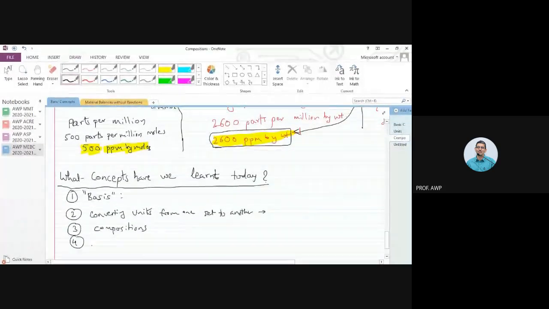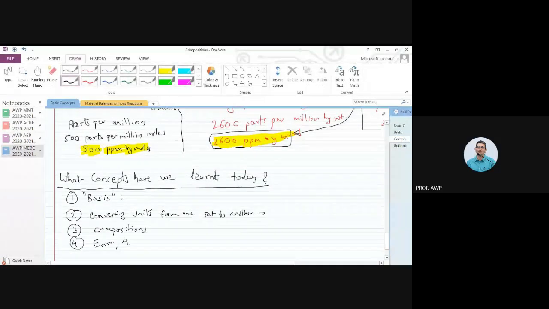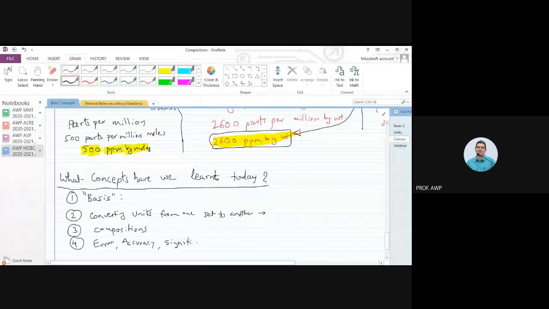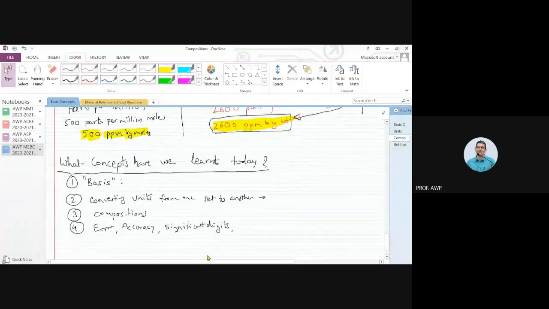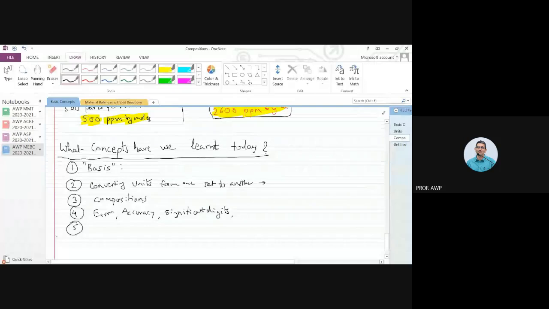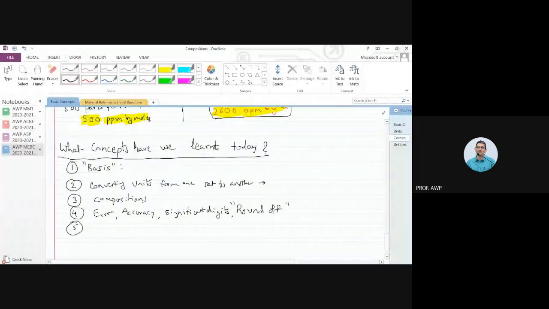Okay, anything else that we have learned today? Error. Significant figures. Error, accuracy, significant digits. You should not be writing answers with a very large number of digits just because our calculator gives so. We will always round off depending on what is the error associated with that measurement.